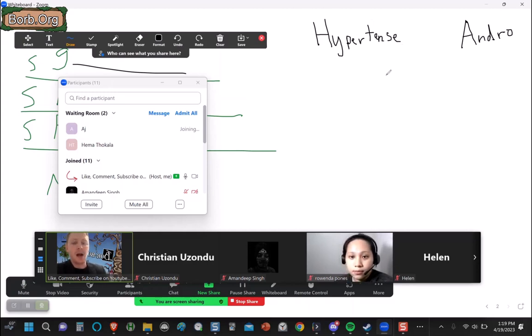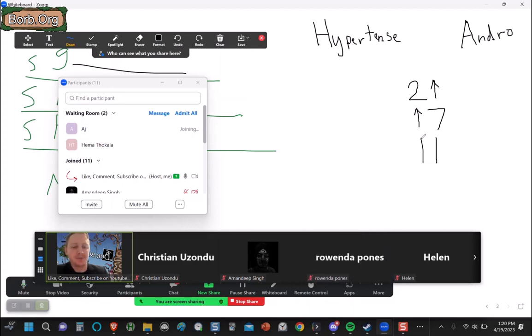I would take a picture of this and remember this forever because it's just really beautiful. So if you write 21 here and you write 17, and 11, we're going to call all of these numbers that happen to be ones up arrows. And this is exactly clinically how it is distributed.